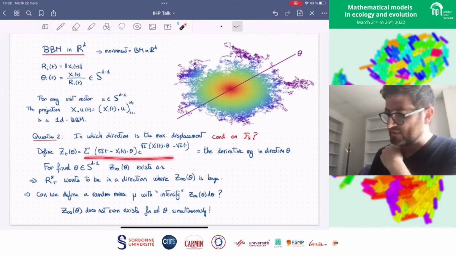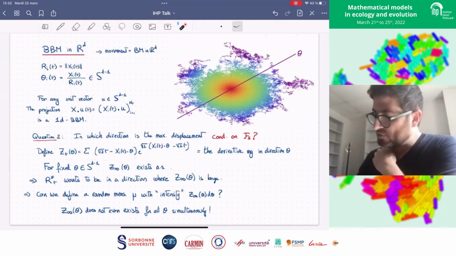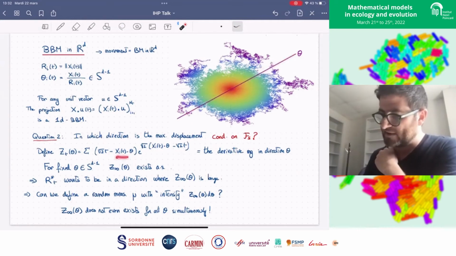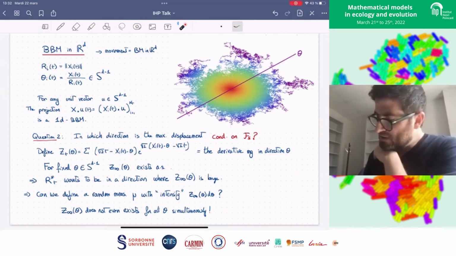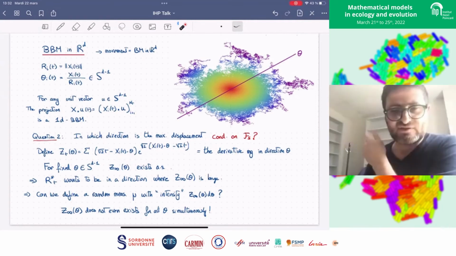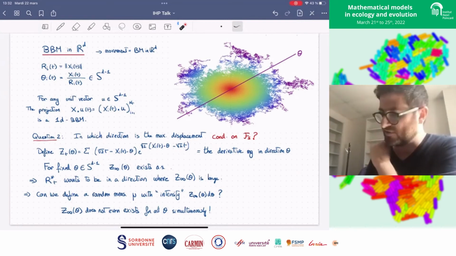This is the same quantity I had in one dimension for the BBM you obtain by projecting everything on direction theta, right? So just multiply every position by taking its inner product with theta. You can call this a derivative martingale in direction theta. And for fixed theta, there's no problem. This martingale almost surely has a limit, which is positive almost surely.